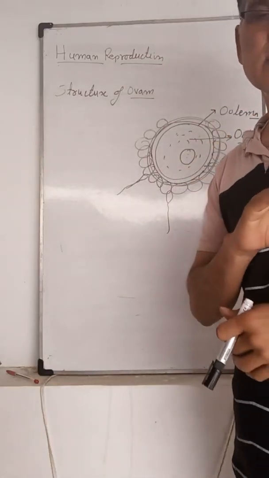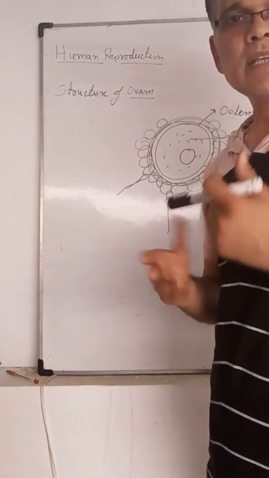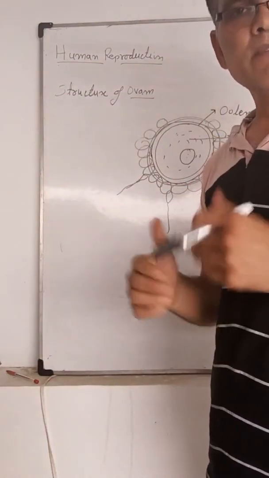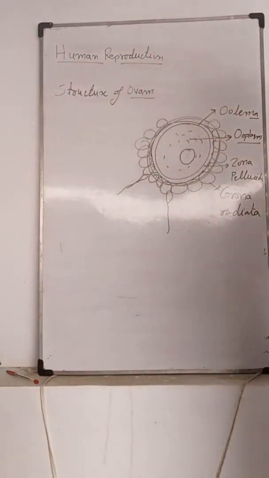Just before the entry, the second meiotic division is completed and the second polar body is formed. That is the process of fertilization.